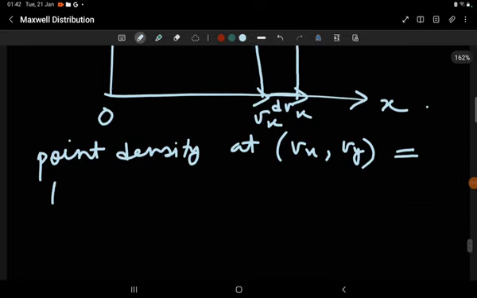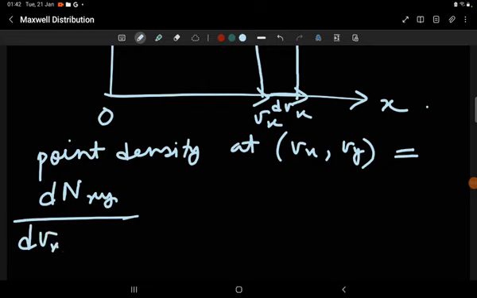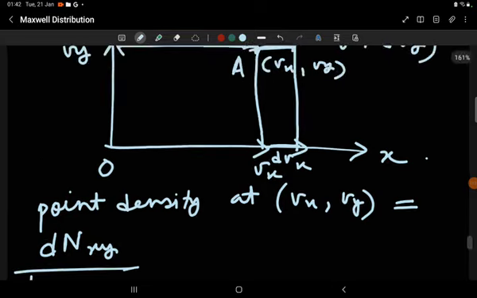So this is given by dn xy by dvx dvy, and this is what we get from our equation 4, right?